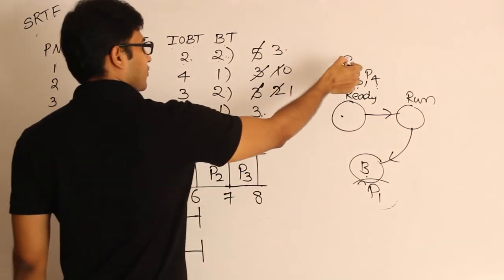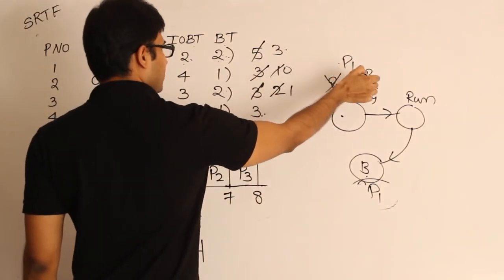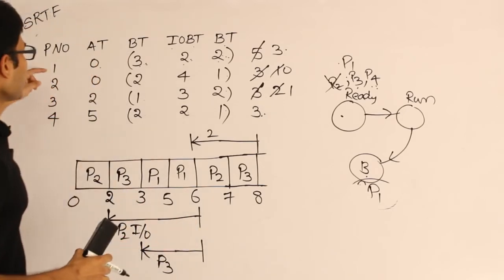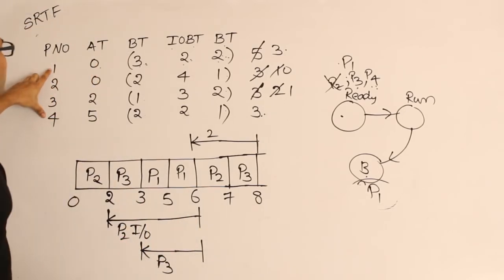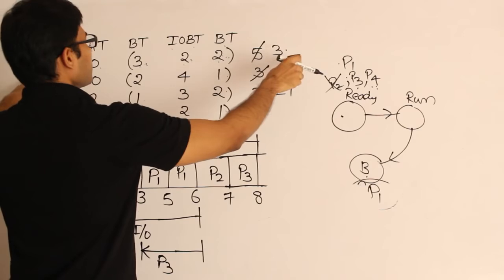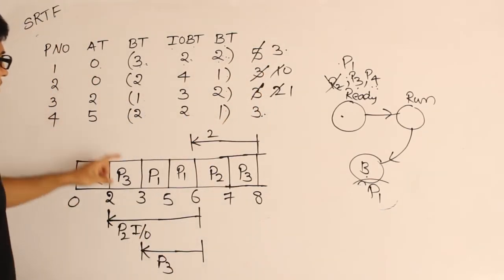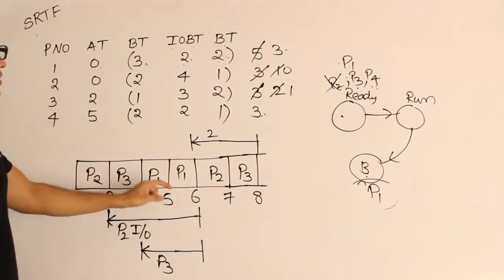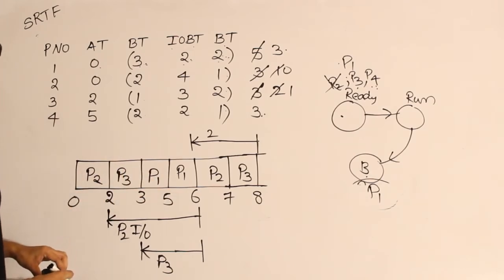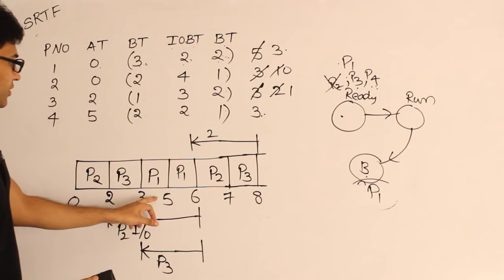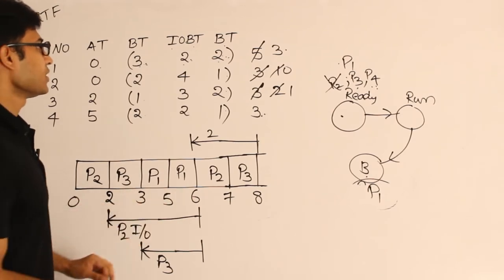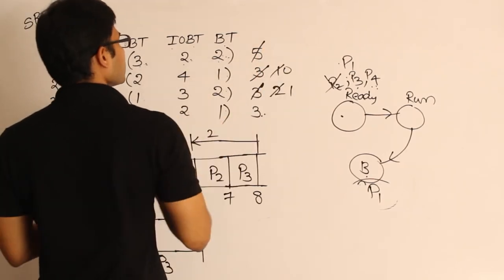And now the processes available are P1, P3 and P4. Now among P1, P3 and P4, the requirements are like this. P1 requires 3 units, isn't it? Why? Because P1 has run only for 2 units, 3 units. I think P1 requires only 2 units, right? See this, here P1 has run for 1 unit and then 1 more unit. Therefore P1 requires only 2 units.